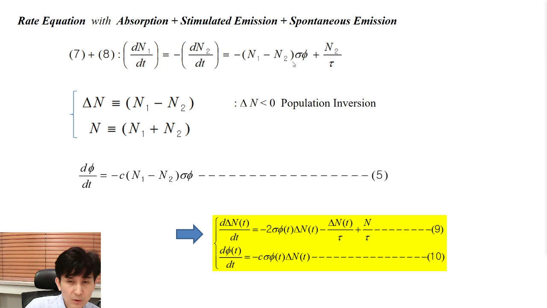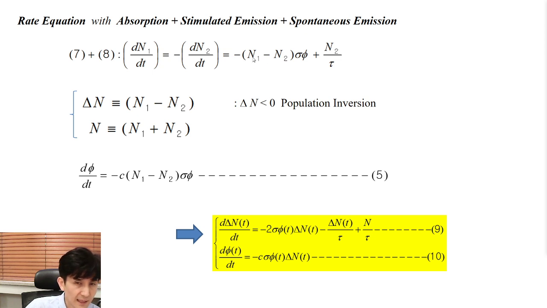Here n2 is the number of atoms in the excited state and n1 is the number of atoms in the ground state. Instead of using n1 and n2, we use delta n, which is n1 minus n2, the difference between the number of ground state and excited state atoms.